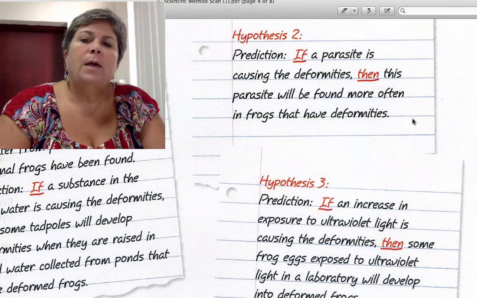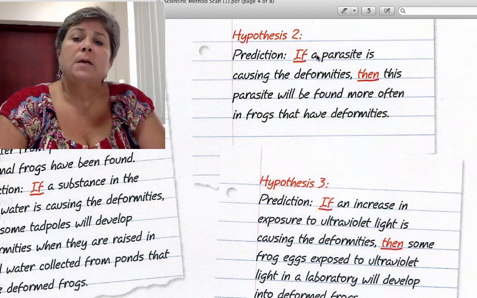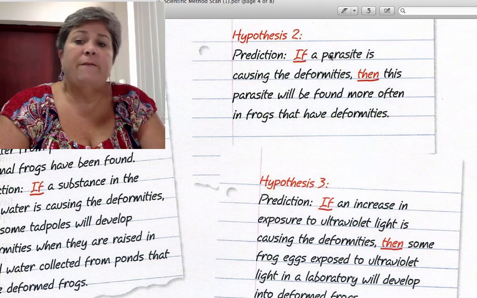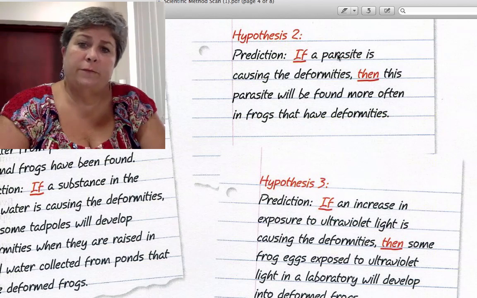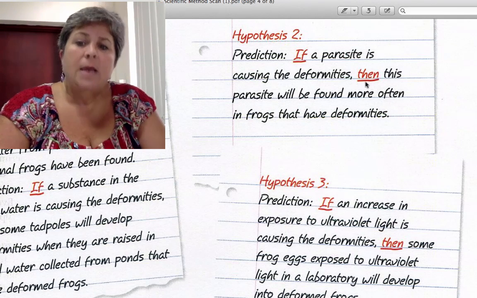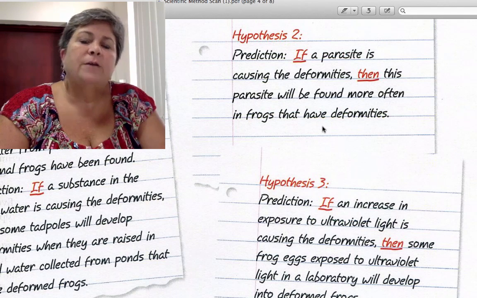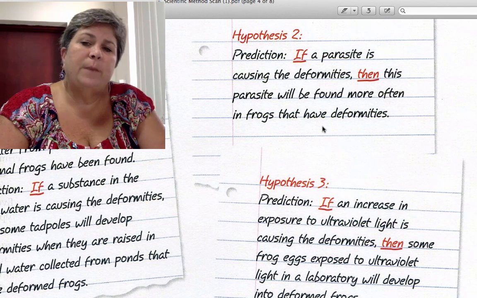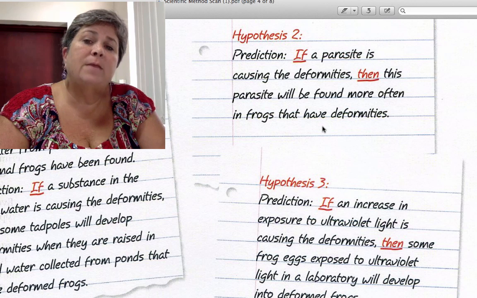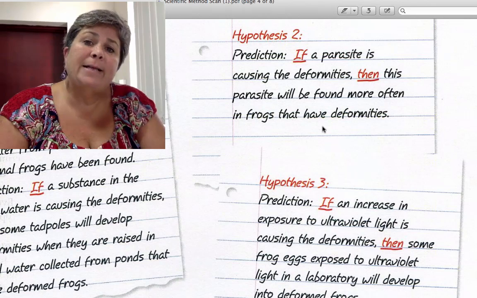So in hypothesis 2 here, again, your independent variable is parasites or no parasites. If it has parasites, it's going to cause deformities. If it doesn't have parasites, it won't cause deformities. So the dependent variable is here. The result is here. They're saying in this one, if a parasite is causing the deformities, then the deformed frogs are going to have parasites more often.